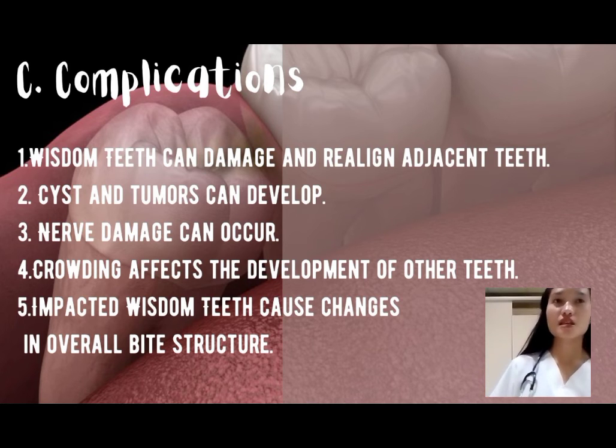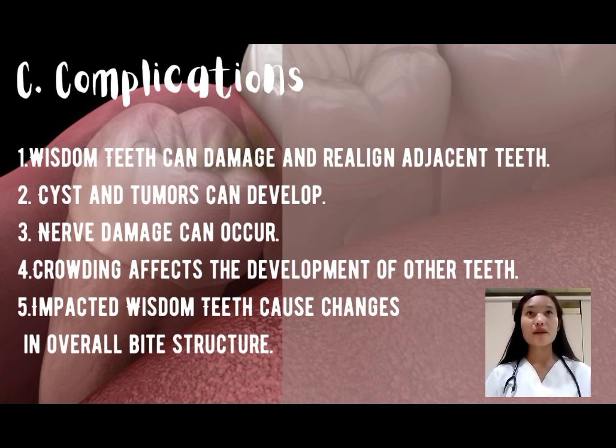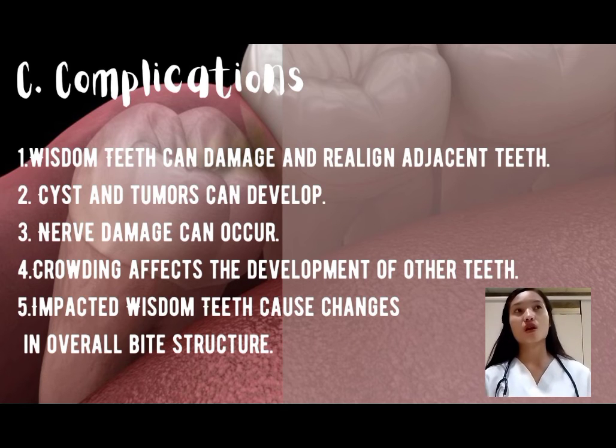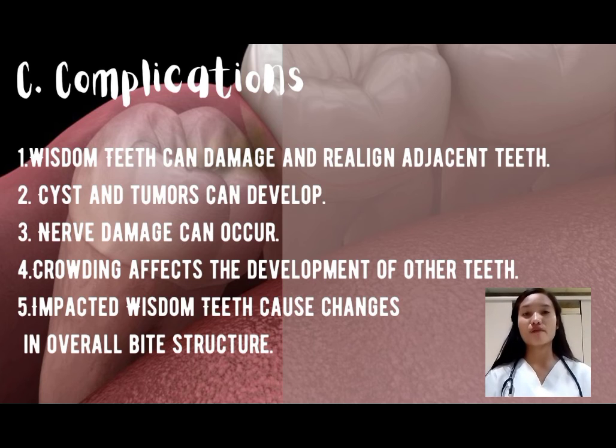And I have here one question that we can relate to if we are having a wisdom tooth. What happens if your wisdom teeth hit a nerve? This is one of the many questions people ask.